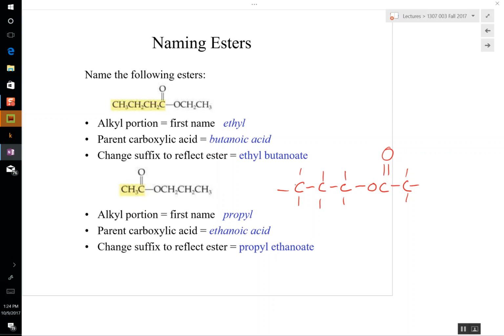So whether it's drawn this way or that way, it's propyl ethanoate, okay? I don't want you to get confused by that. You can see that I'm drawing it with the carboxylic acid leading in most cases, but there's no rule that says you have to draw it that way. Those are superimposable molecules. They have the same name.